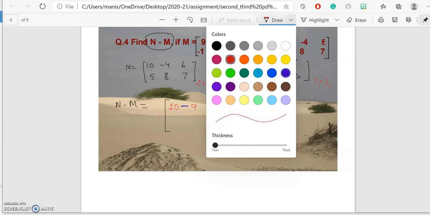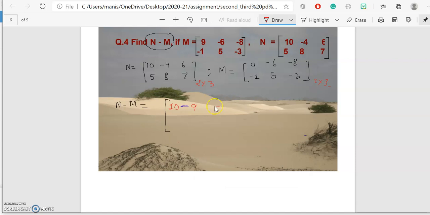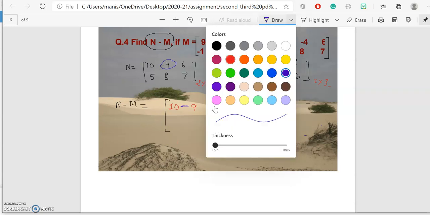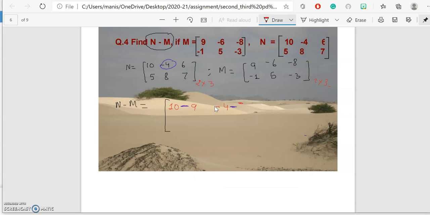Now the next one is my negative 4 minus negative 6. I will go back and pick my blue color. This is my minus sign, and this is negative 4 minus, automatically negative 6. I'll write negative 6 also over here. Negative 6. Next one is 6. Again the minus sign over here.